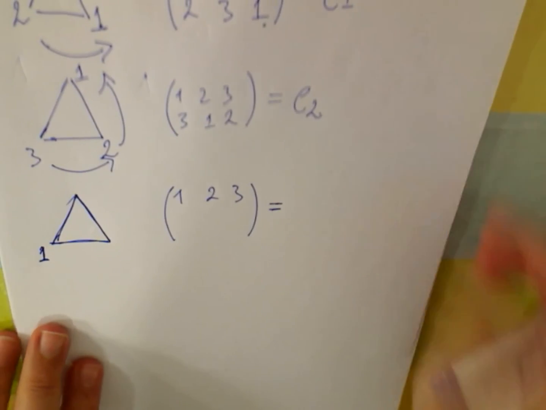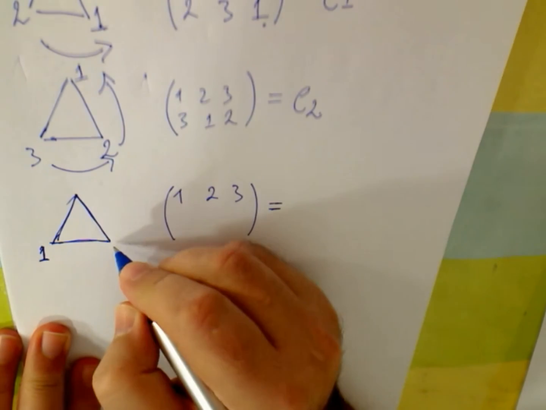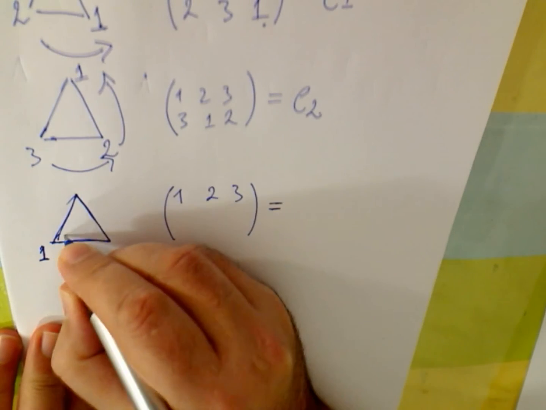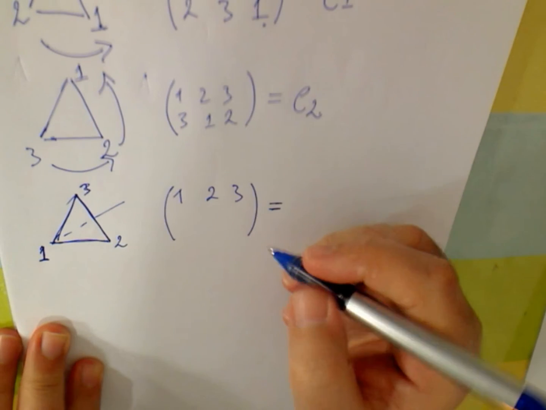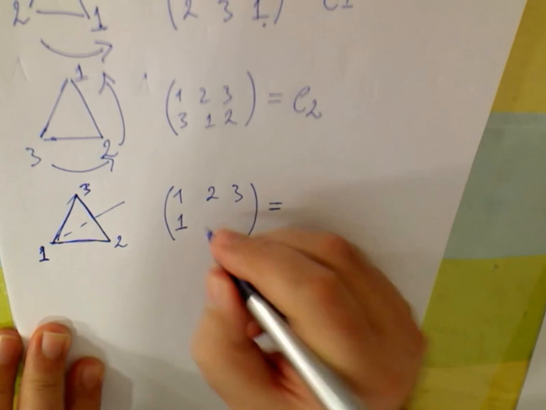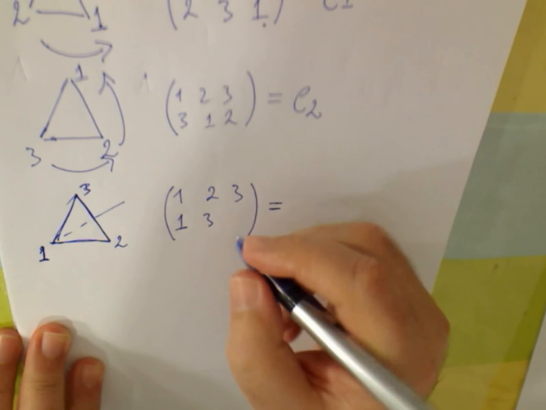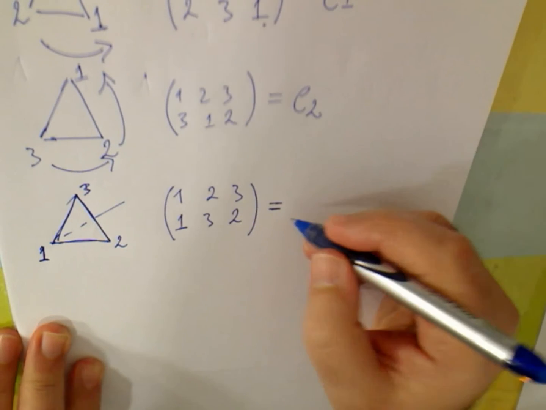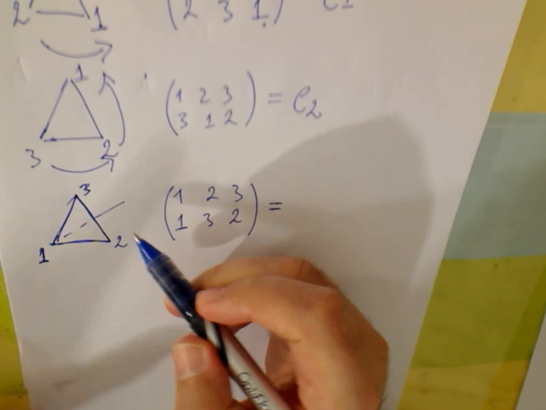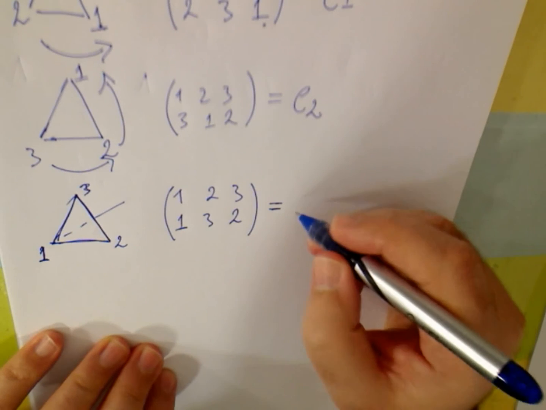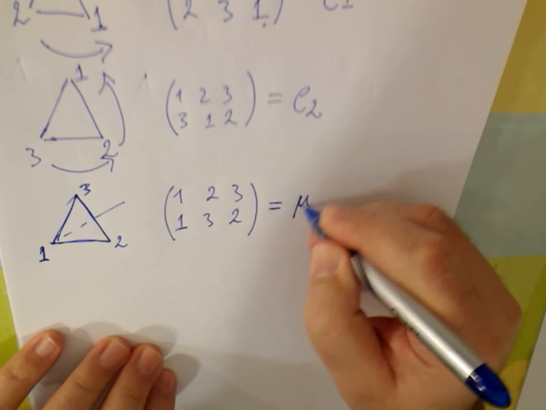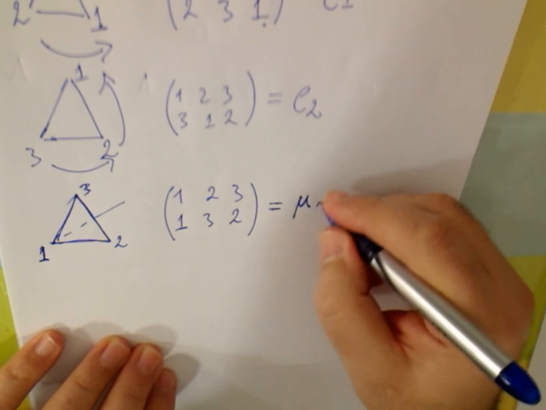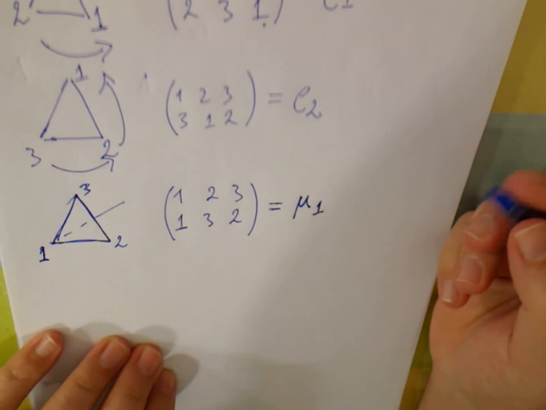So this was 2 and this was 3, and now I'm going to do 3 and 2. So 1 will be 1, 2 will be 3, and 3 will be 2. Since I'm mirroring the vertices, I'm going to call this mu 1.